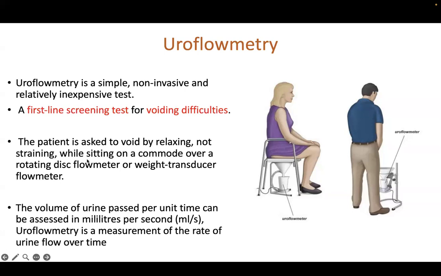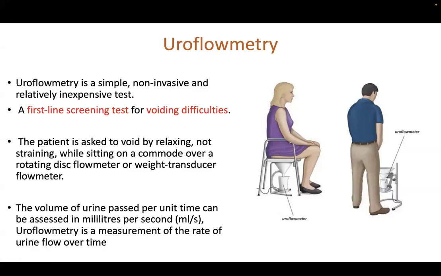How is it done? The patient is asked to void over a chair that contains a uroflow meter. The patient should be relaxed. We'll ask the patient to relax, not to strain, while sitting on a commode over the rotating disc flow meter. This chair and this commode contain a flow meter.